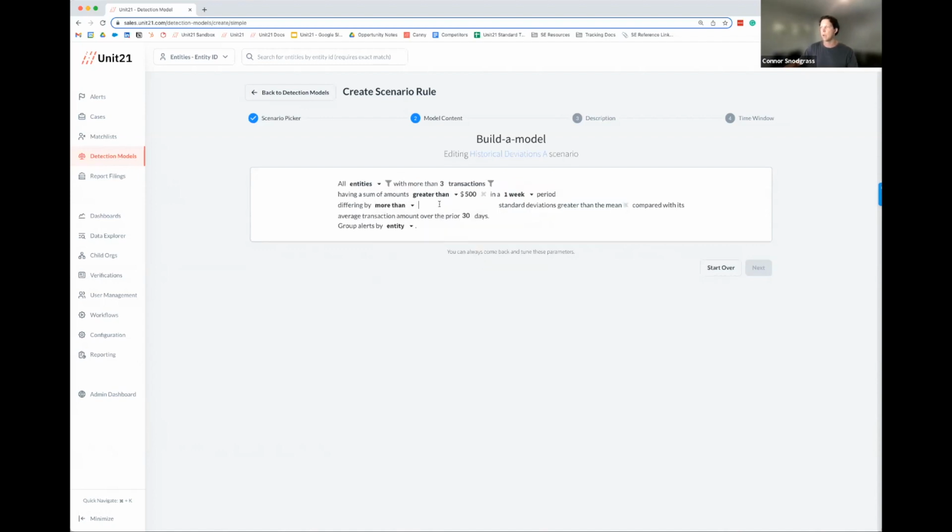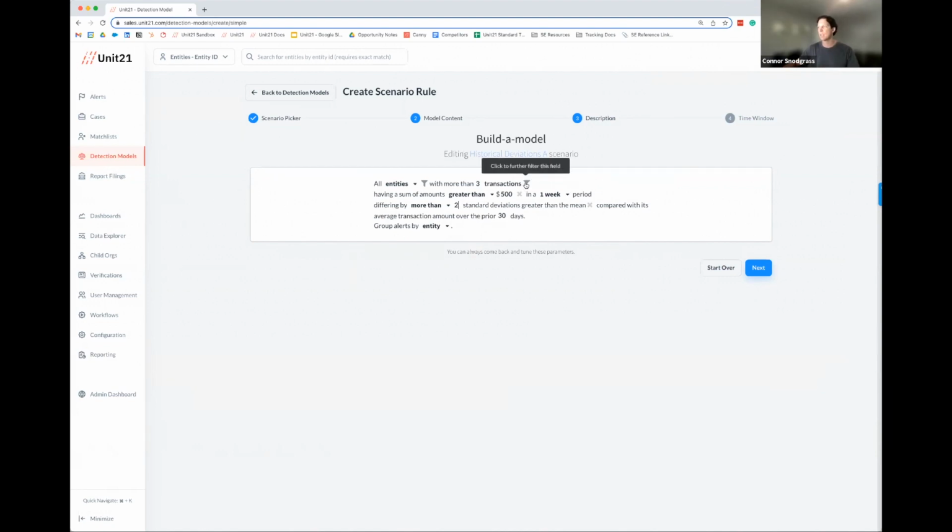Or we could say, we want to look at any user who has made 3 transactions of at least $500, and those transactions differ by 2 standard deviations compared with the amount of transactions over the past 30 days.